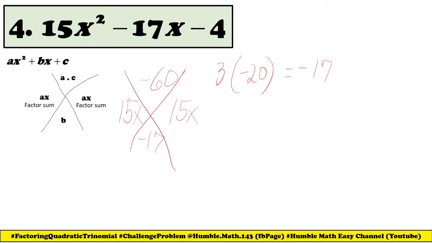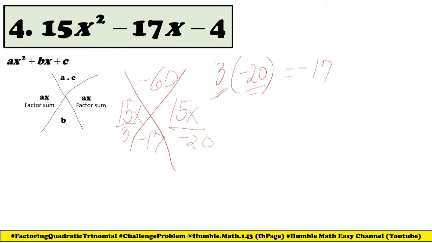Now on to the next step. The 3 must be written here on the denominator part of the 15x on the left side, then the negative 20 is written here.